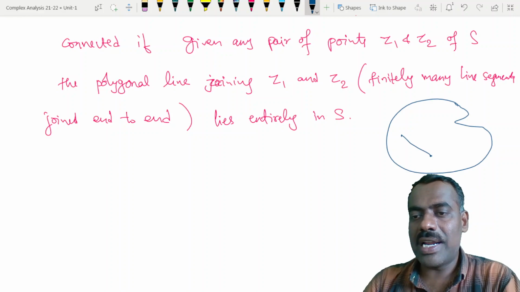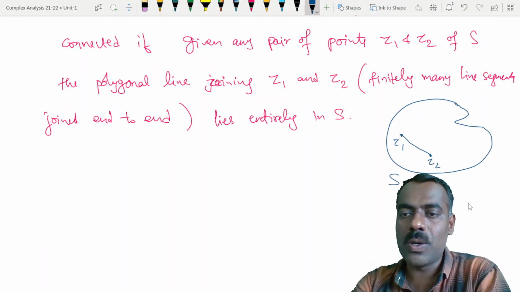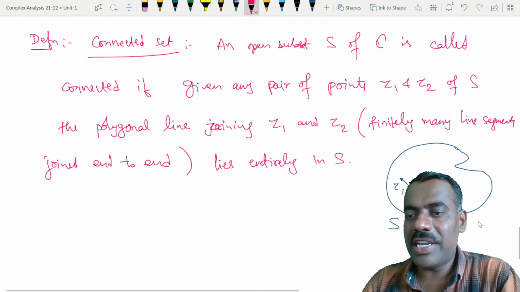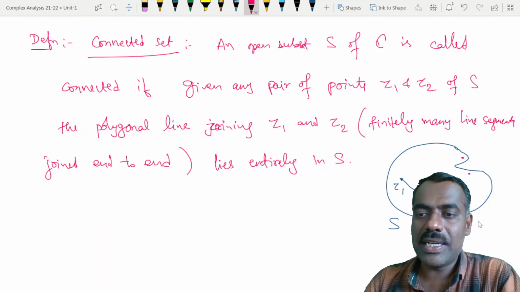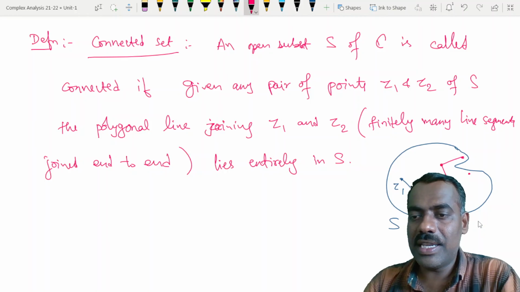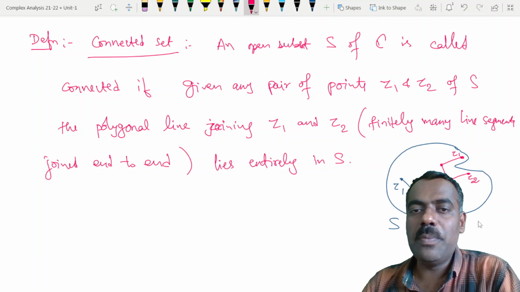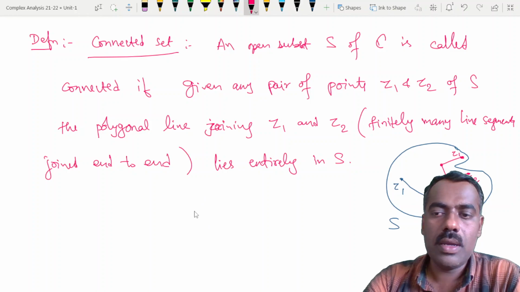Obviously, I can draw one line, and that again lies entirely in S. Suppose I take one point here and another point here, then even though one line doesn't work, I can come like this and join it. This is my z1, this is my z2. So you have a polygonal line joining z1 and z2, which lies completely inside S. Therefore this S is connected. Any problem?